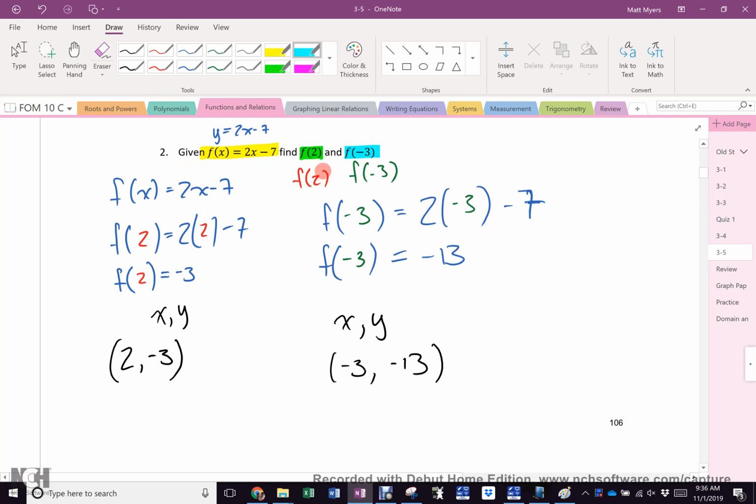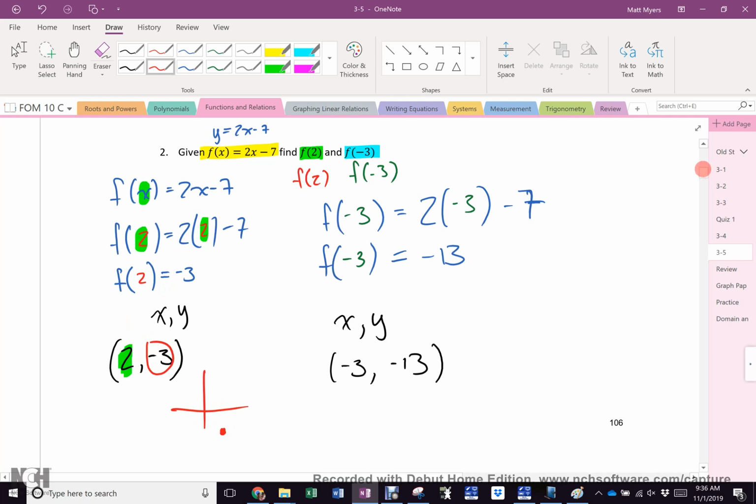So the 2 replaced this x right there. We get an input of 2 and an output of negative 3, which are x and y on the graph. 2, negative 3, that dot. All right? That's where we stand right now.